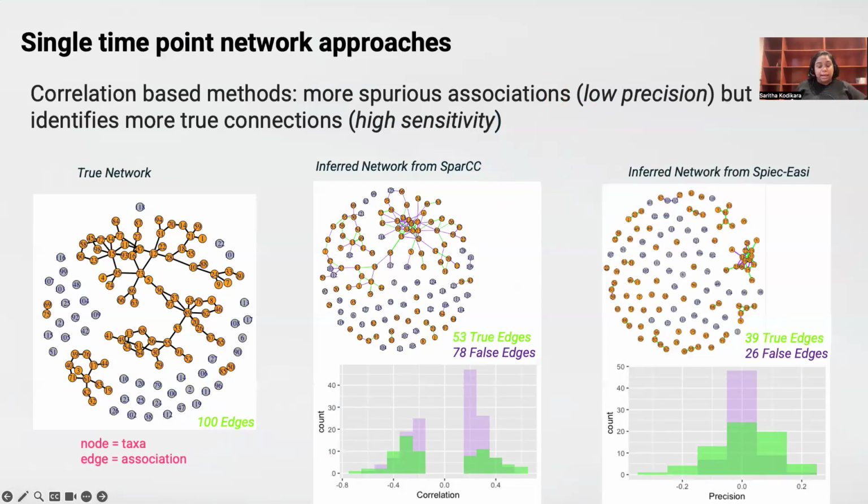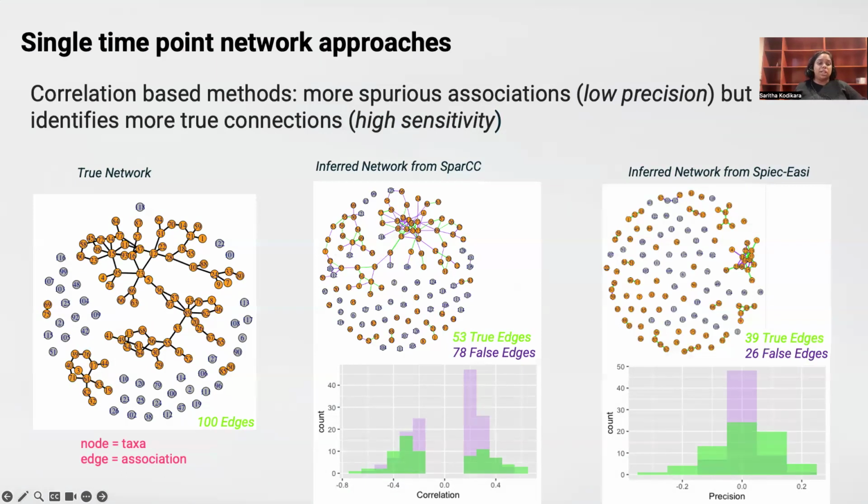You can see that even in this simple example. If you use SPIEC-EASI, you get 39 true edges. It's a bit lower than 53, but you can see the false edges are drastically reduced from 78 to 26. So there's a trade-off. If you are using a correlation-based method, you will get a lot of edges identified, but you will also have equally many false edges.